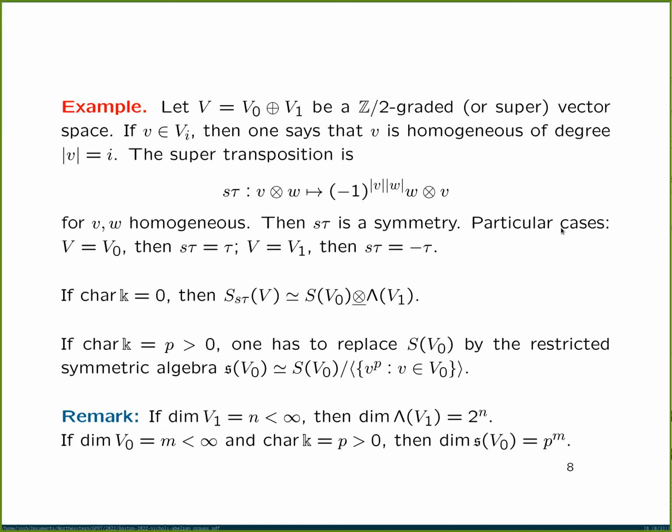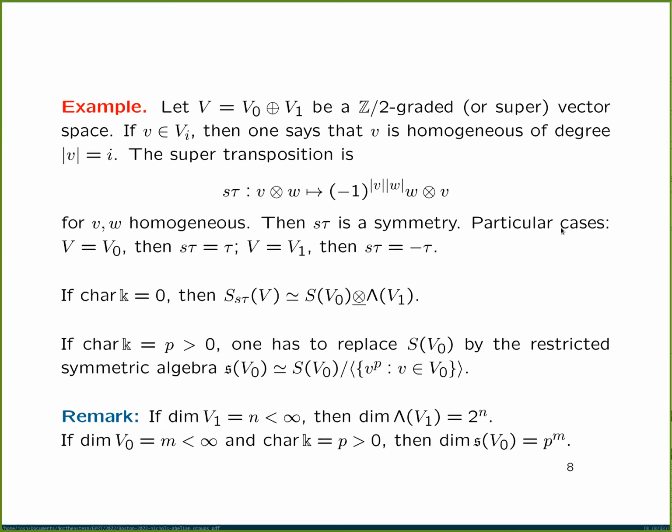This is a symmetry. There are two particular cases. When V is V_0, then the supersymmetry is just the usual transposition, the flip. If V is all of V_1, then the super transposition is minus the flip.